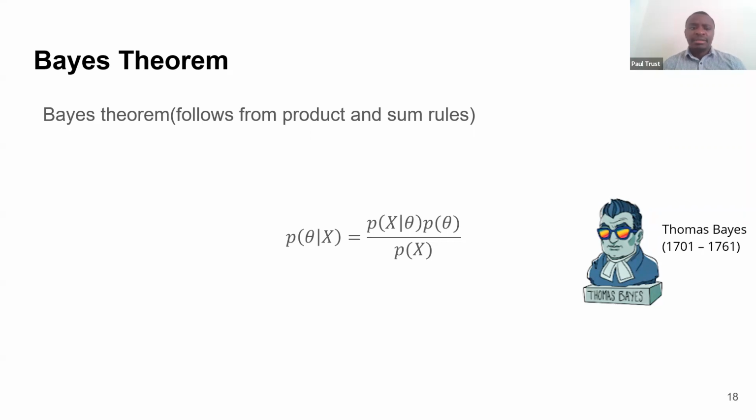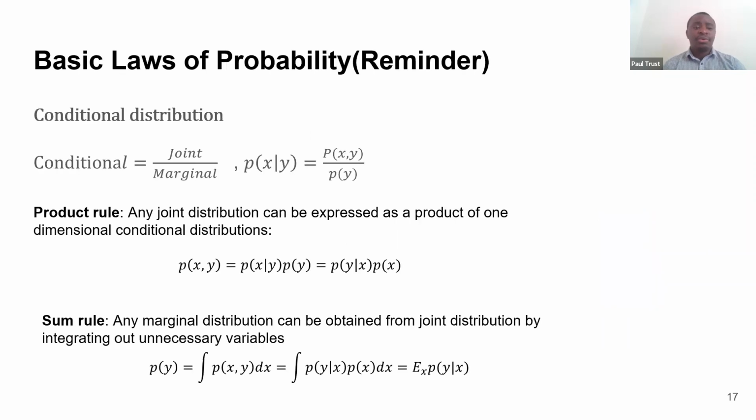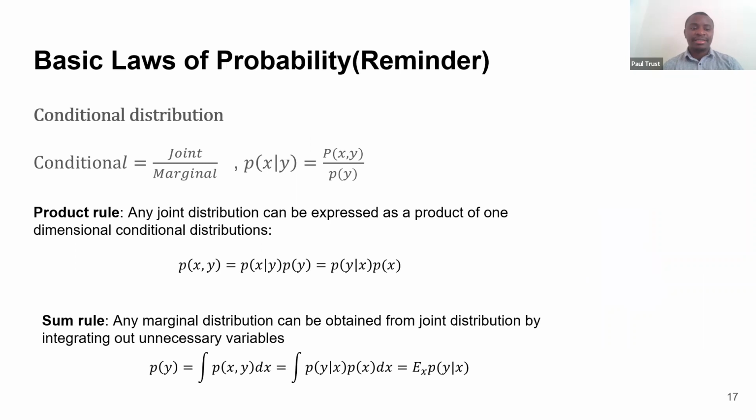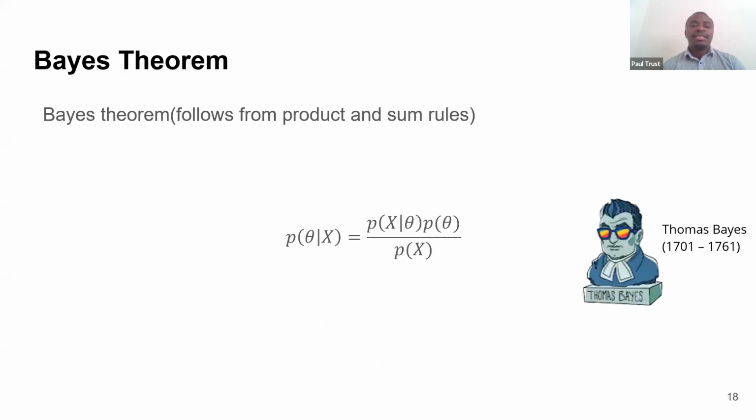Bayes looked at these two laws of probability and derived what you may call the Bayesian theorem. The Bayesian theorem is just derived from the product and sum rules. From the product rule, you can get a joint probability by factorizing these variables, and you can also get the marginal by integrating out the other variable that is not of interest.